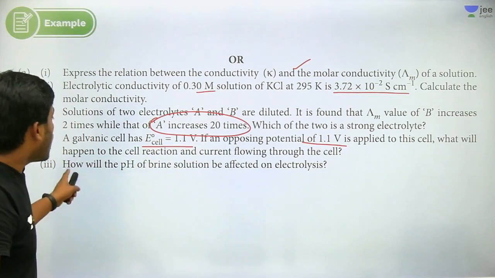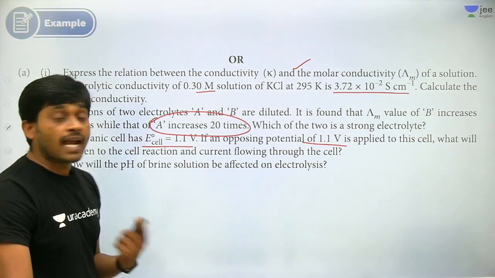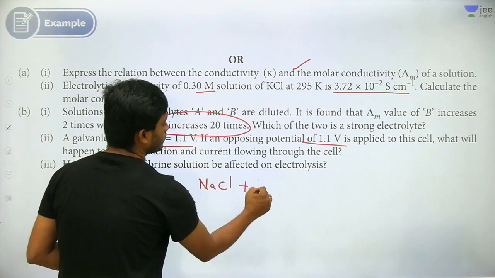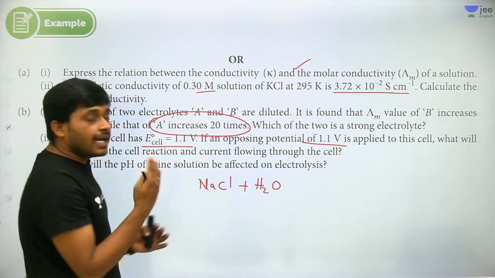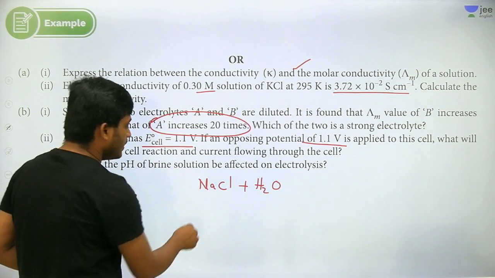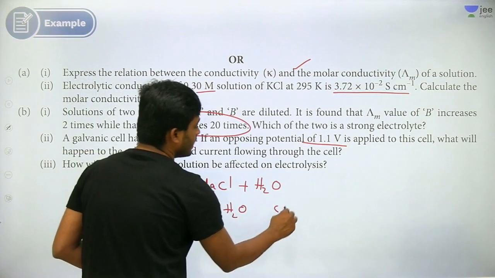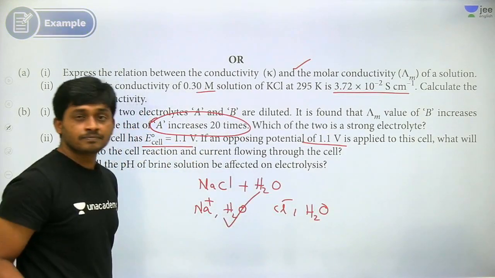Yes. Next, how will the pH of brine solution be affected? Brine solution is NaCl aqueous solution. So which cation is discharged? Na plus and water here, Cl minus and water. Here water will be discharged.